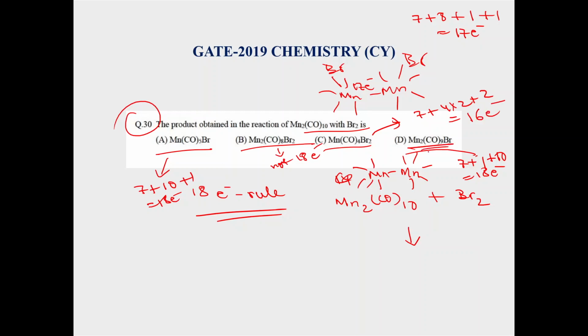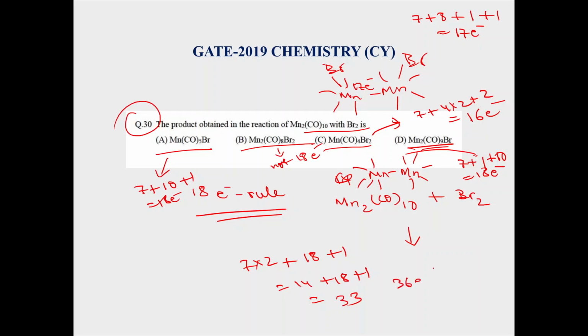The last option is Mn2CO9Br. Manganese is 7 times 2, which is 14, plus 9 times 2, which is 18, plus 1, giving 33.